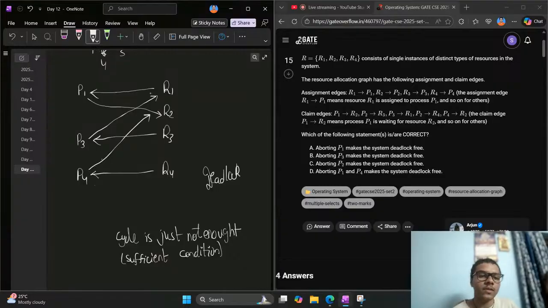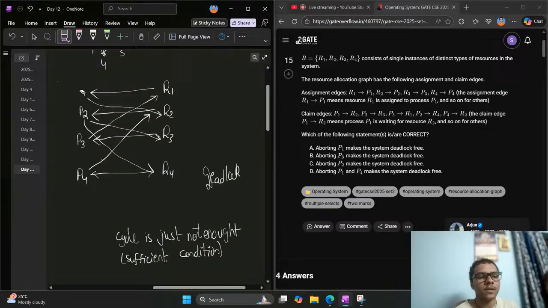So now you just need to check for deadlock. 1, 2, nothing, and resource 2. There are no incoming edges, P3 and P4. If you check for every resource, that is sufficient. So now let's remove P1 and P4.